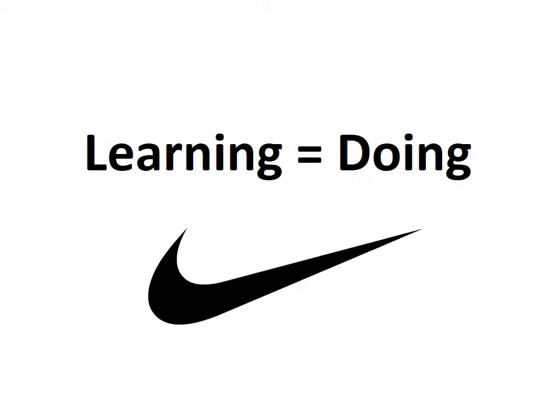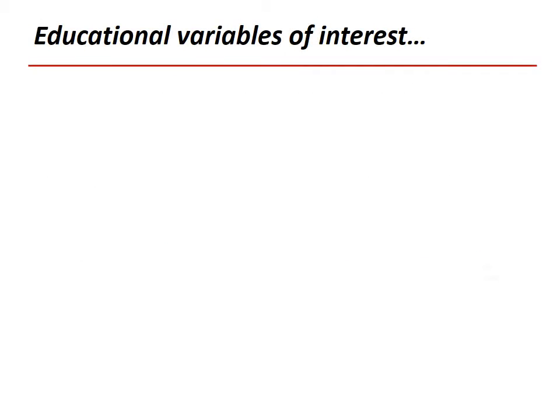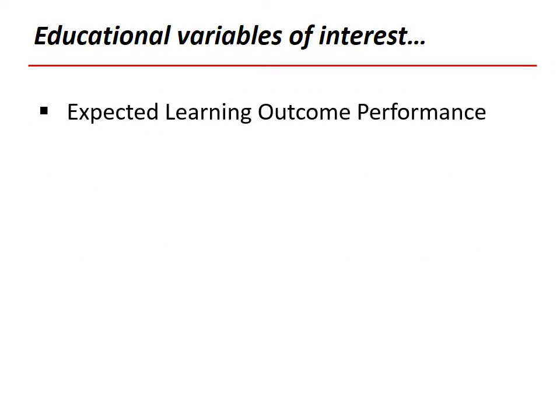So, important. Okay, just to remind you that assessment, the definition, is formally measuring the status of students with respect to variables of interest. And there are quite a few important variables of interest that teachers generally formally assess.